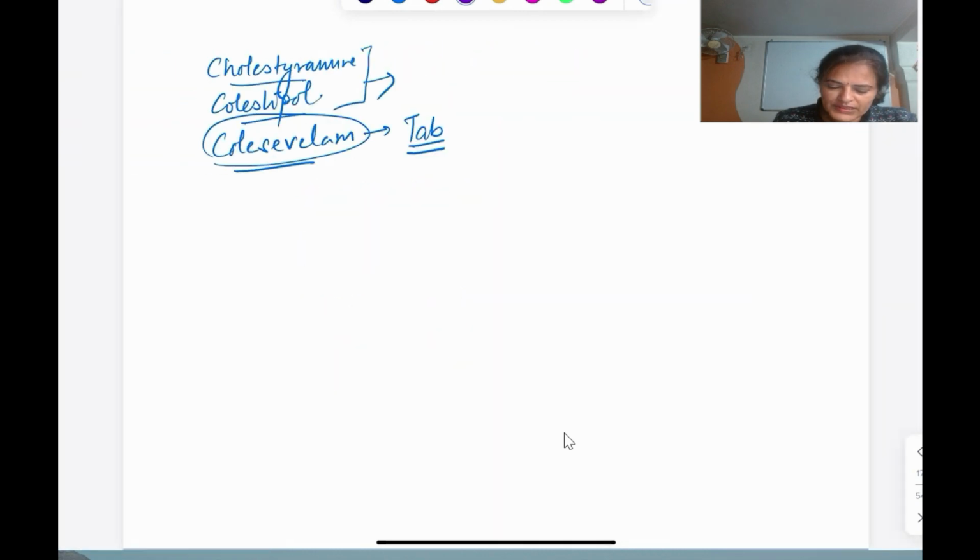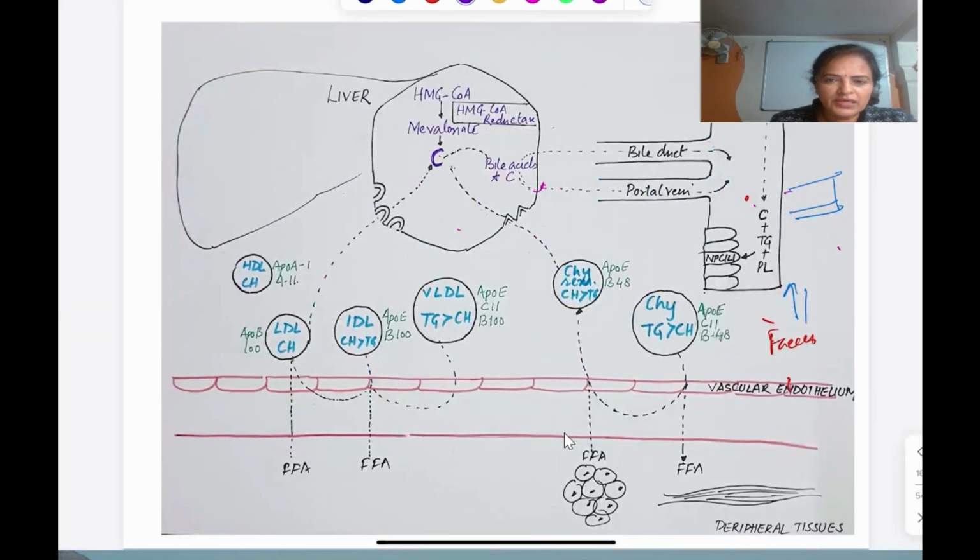Now if this LPL expression is increased, then what will happen? Lipolysis of the triglyceride will be more. So it is mainly decreasing the level of triglyceride.